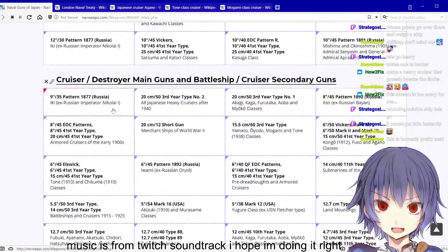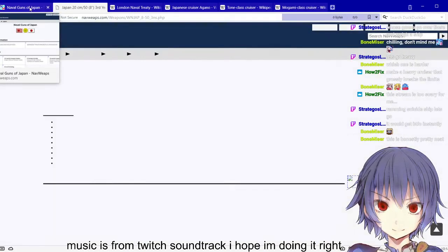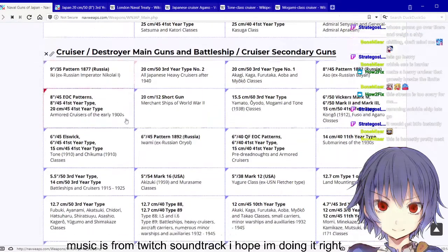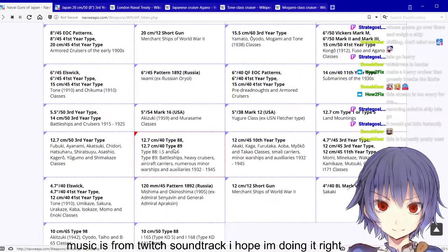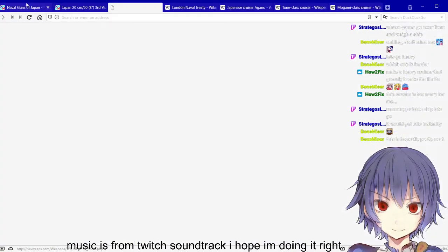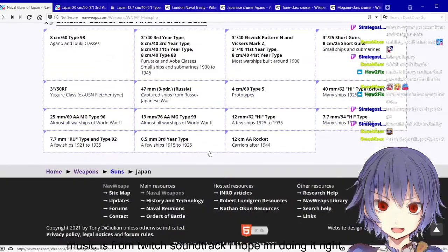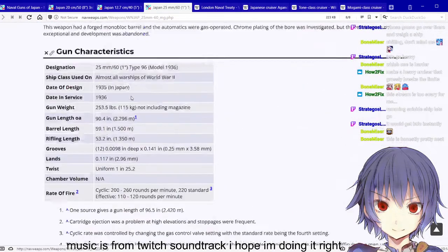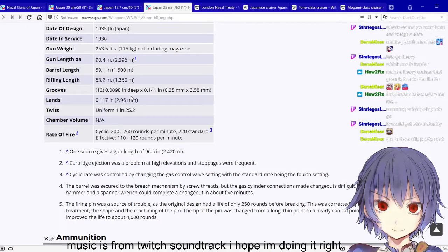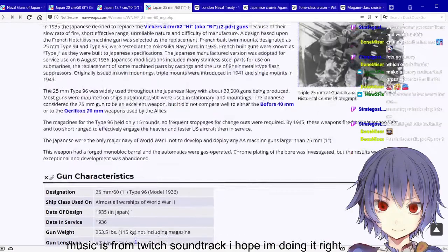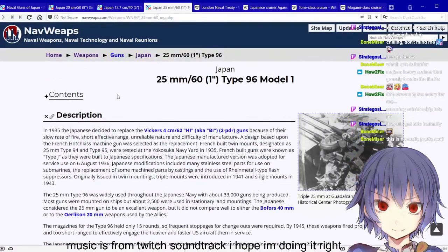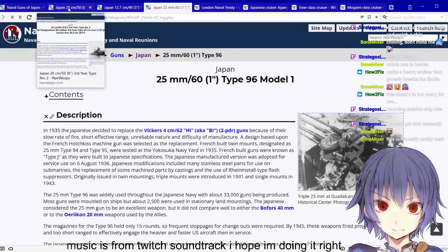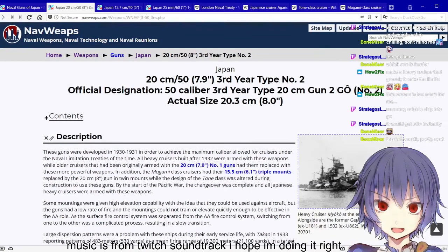So for guns, we're going for this one. And this one. And, excuse me, I believe this one. Yep, okay. So we're going to go with this one. So we're putting 3 guns on the ship.